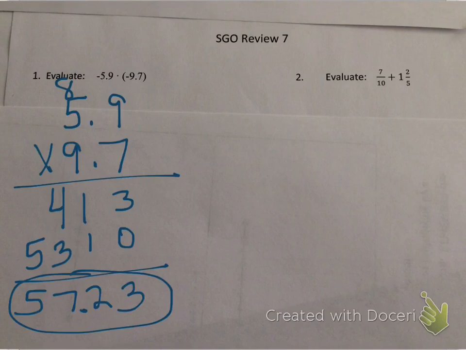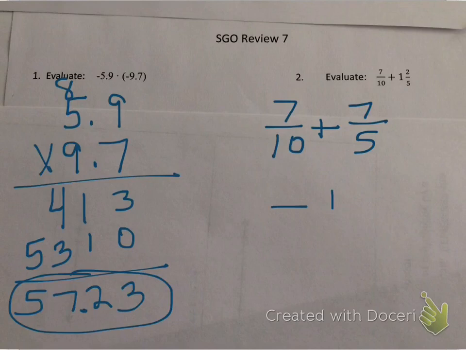Number 2, 7/10 plus 1 2/5. I'm going to rewrite that. 7/10 plus 1 2/5. So I'm going to write that as 7/5. I cannot add that the way it is. I need a common denominator.